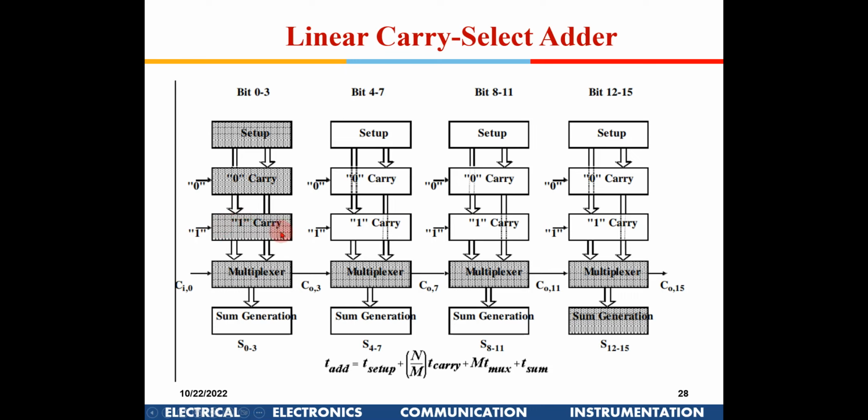So I do the computation in parallel, and once done, it is available to a mux, and depending on the actual carry, if it is 0 I will select the top, and if it is 1 I will select the bottom. Now this particular block is not waiting for a carry to come from here; it is calculating the carry assuming it to be 0 and assuming it to be 1.